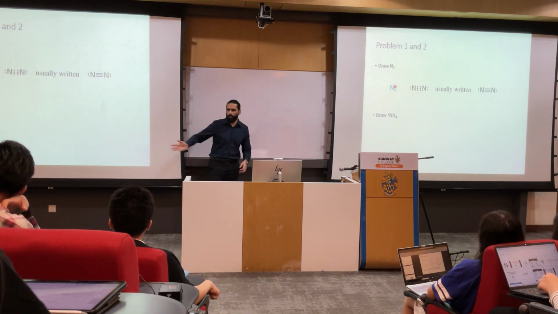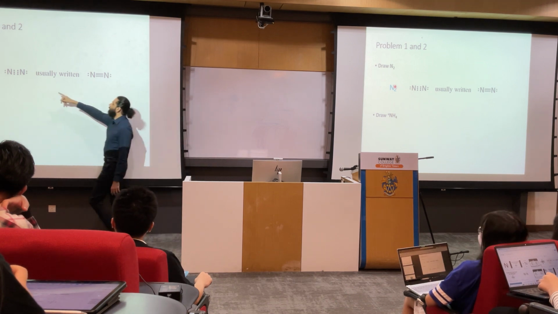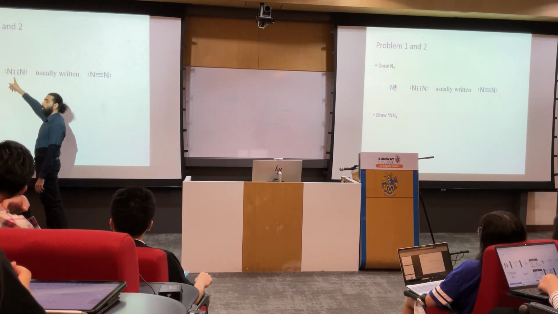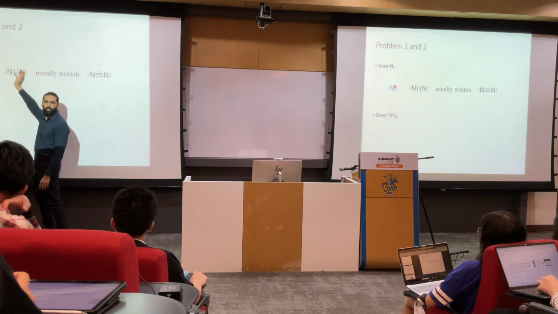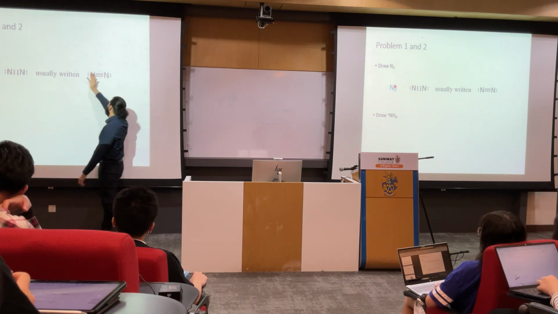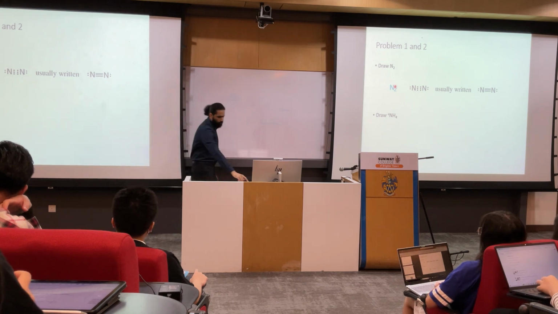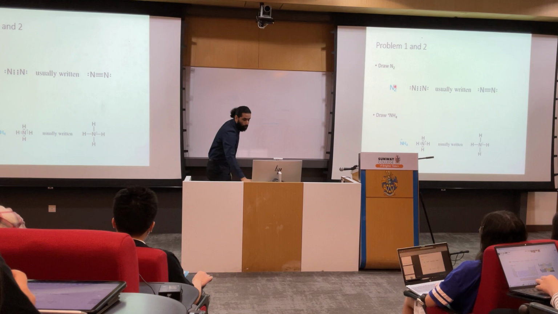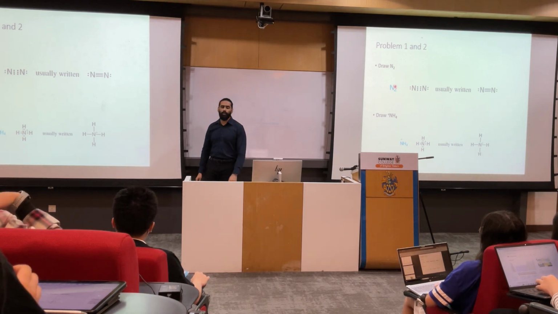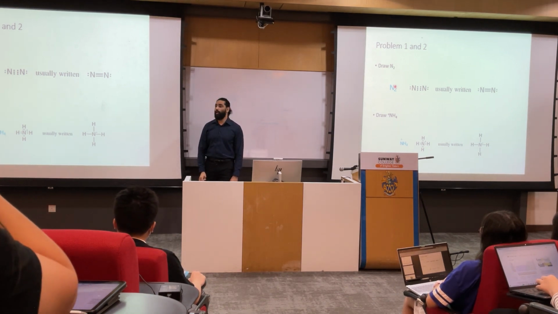Right, so this is how the structure should be made. Nitrogen can make 3 bonds, so yeah, 3 bond pairs, and then only 1 lone pair on each nitrogen, just like that. Another example is the ammonium ion. The ammonium ion has a plus charge.